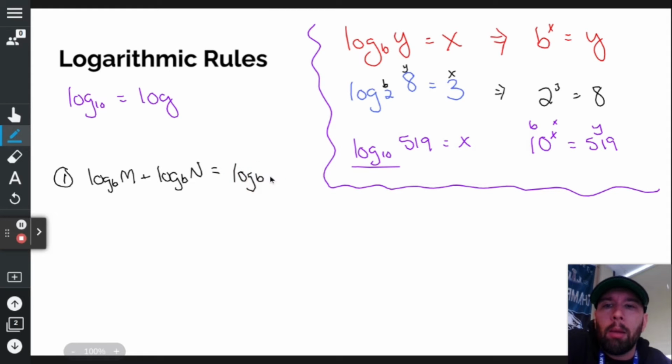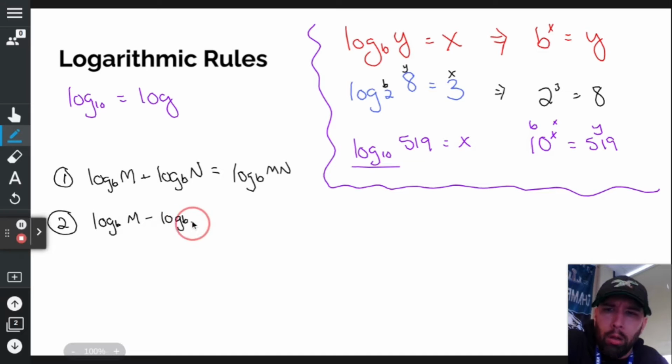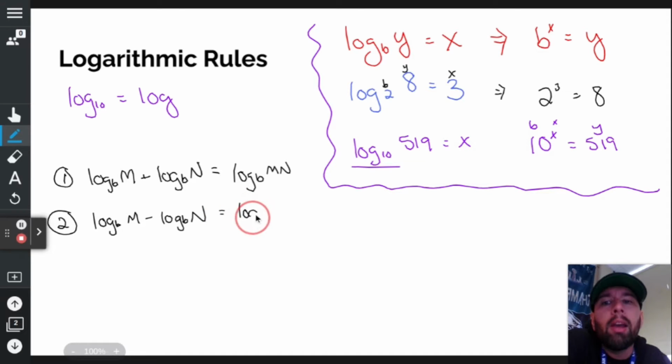So log base b of mn. Similarly, rule number two is if I were to use the same exact guy but subtract, common sense would tell us that adding logs of the same base was multiplying the insides, so maybe subtracting logs of the same base is dividing the insides. So log base b of m over n.